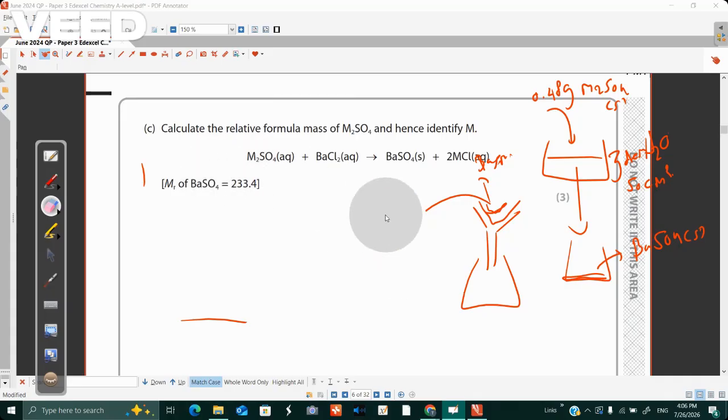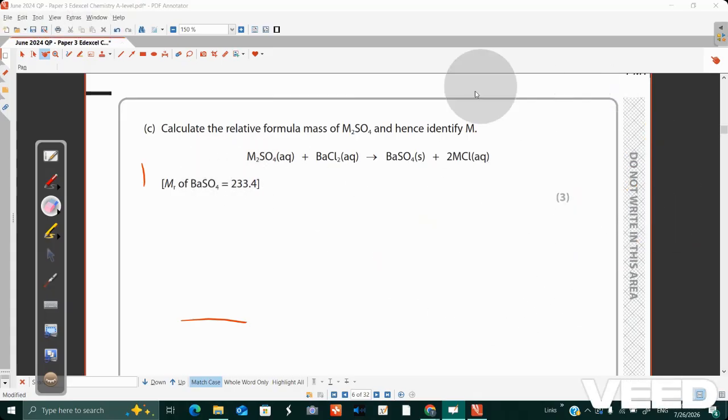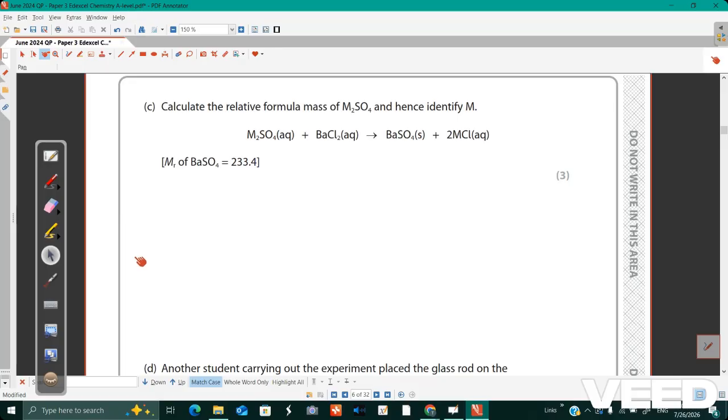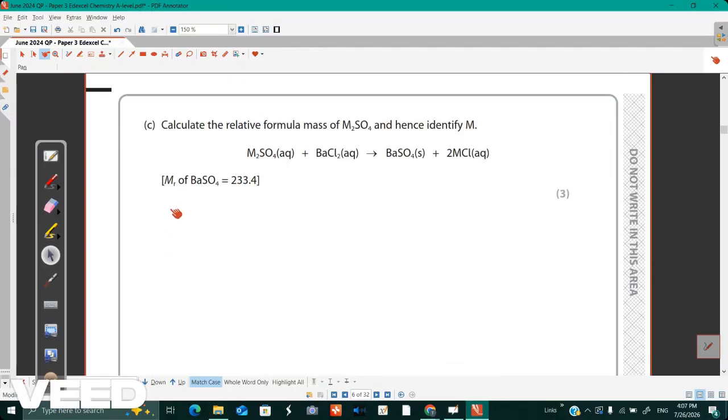Okay, calculate the relative formula mass of M2 sulfate and hence identify M. The Mr is given.